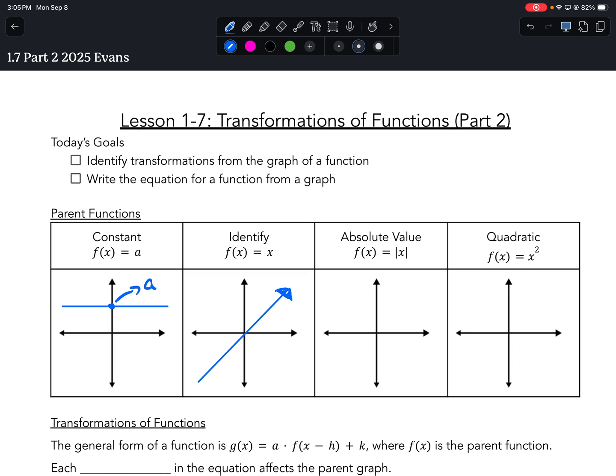Remember, you should have arrows on the end here. The absolute value graph looks like this. Absolute value is always in the shape of what? A V. So absolute value is always in the shape of a V, and a quadratic is in the shape of a U.